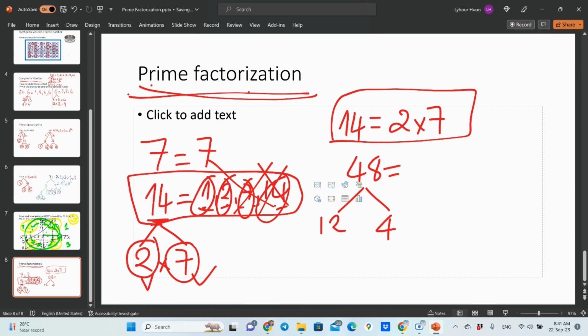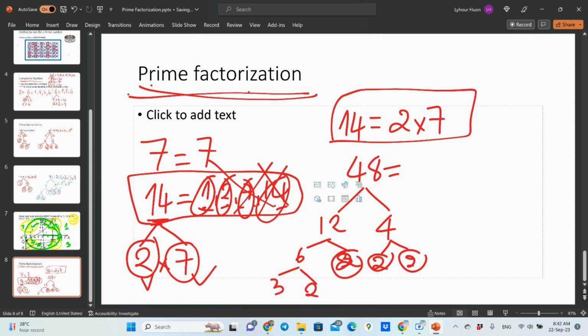So we turn 12 into 6 times 2 and 4 into 2 times 2. The 2s are prime already, but 6 is not, so 6 is 3 times 2.